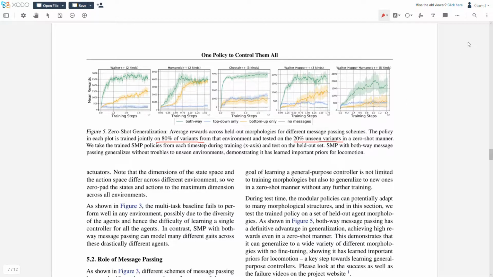This result implies that there might be a general control policy for all the robots. Imagine that in the future we can train a general purpose policy controller and deploy it to all previously unseen robots. That's amazing.